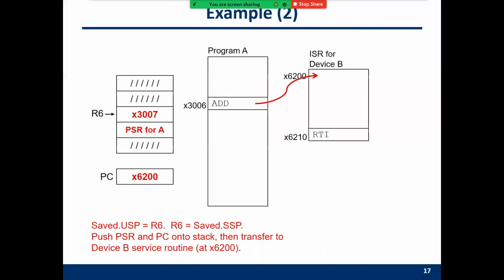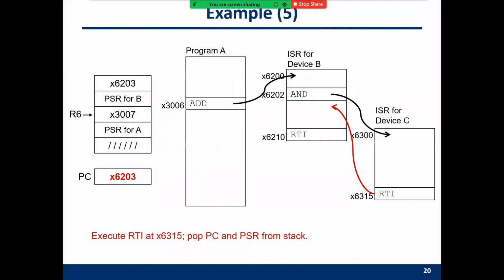One important example is that when you run a user program here, some device can send you an interruption. For example, device B can send you an interruption. And then the CPU can go to the routine to meet the requirements of this interruption.